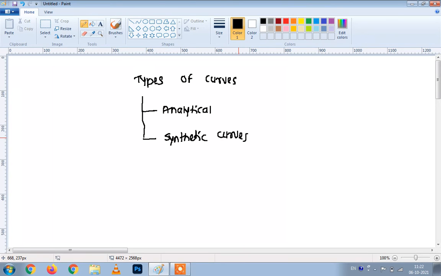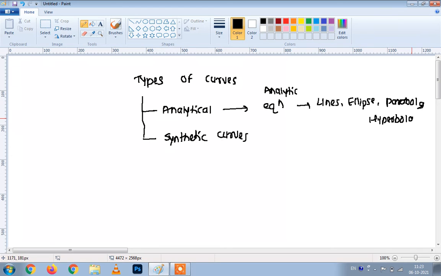Now in case of analytical curves, curves which are defined by analytical equations are known as analytical curves. So here the analytical equations are used to define that particular curve. For example, lines, ellipse, parabola, hyperbola.